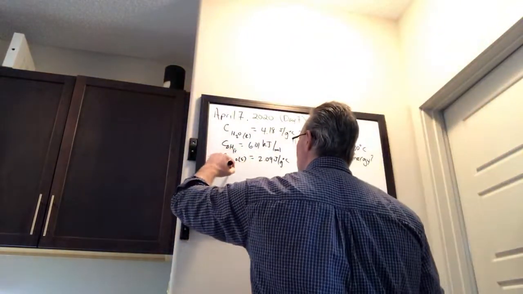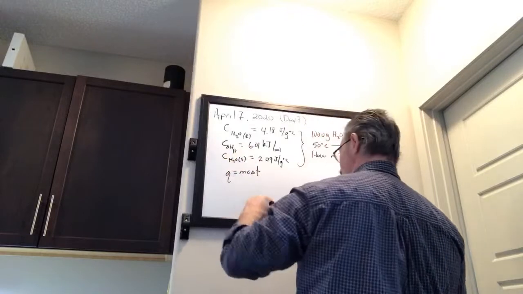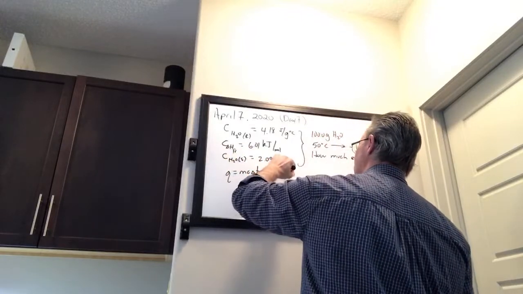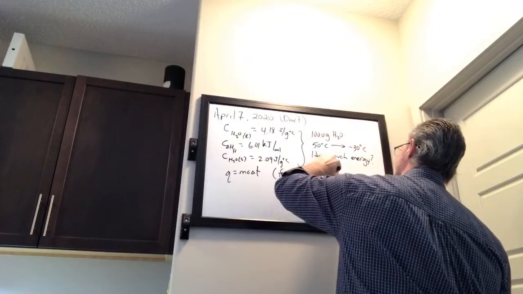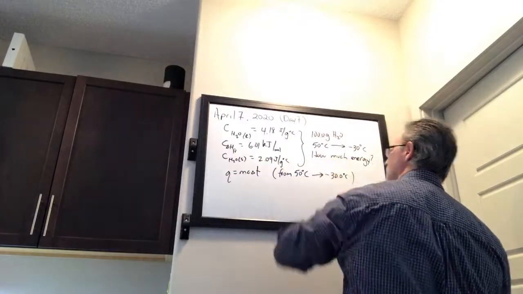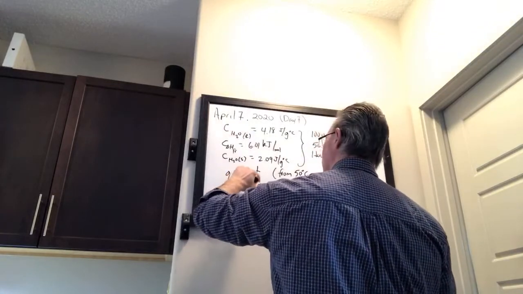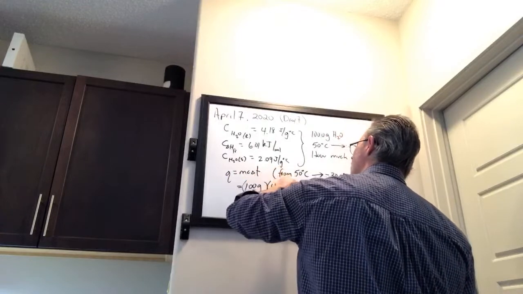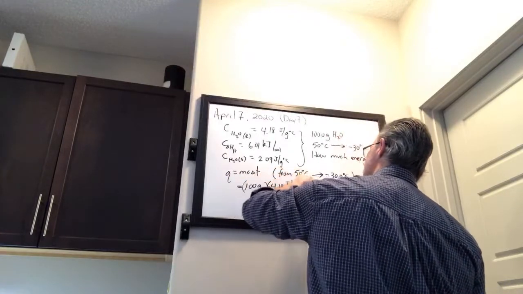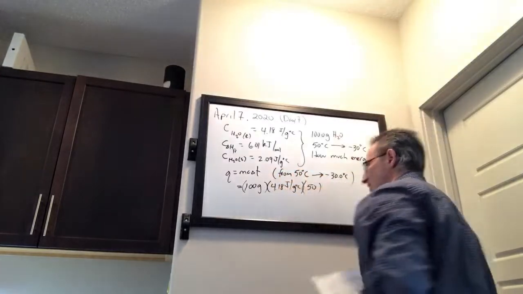So Q equals MC delta T. That's the cooling of the water from 50 degrees Celsius to 0 degrees Celsius. And you get 100 grams of water times 4.18 joules per gram degree Celsius. Temperature change is 50 because you're going from 50 to 0.